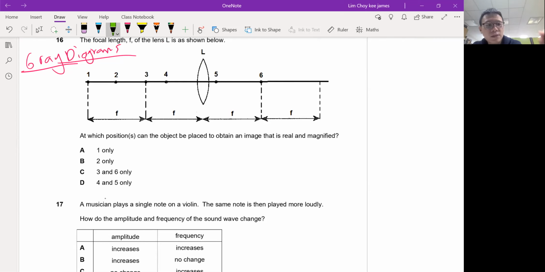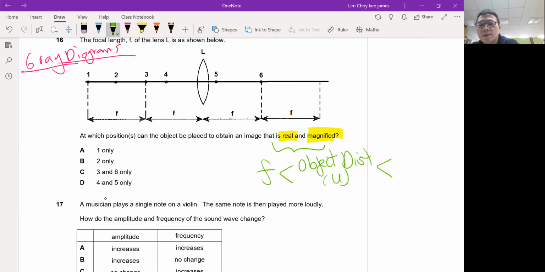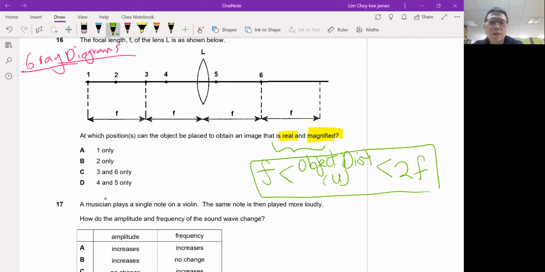Now take note, remember, for the image to be real and magnified, there's only one particular instance, which means the object distance, u, must be more than f, less than 2f. If I want to produce an image that is real and magnified, my object distance must be more than f, less than 2f. Not equal, there's no equal.